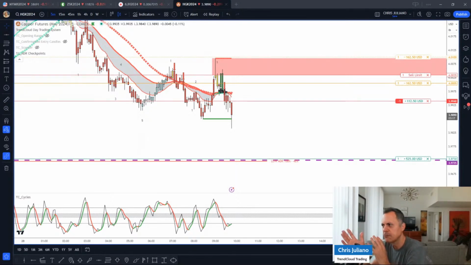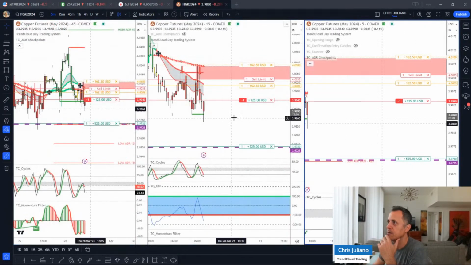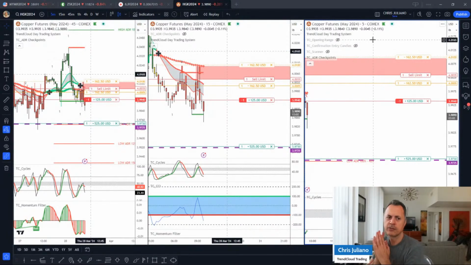We had really good volume in copper, more so than gold, so we chose to go with copper on a trade. If you're just jumping into the room now, what we did was turn our long-term time frames into more of a scalping system.